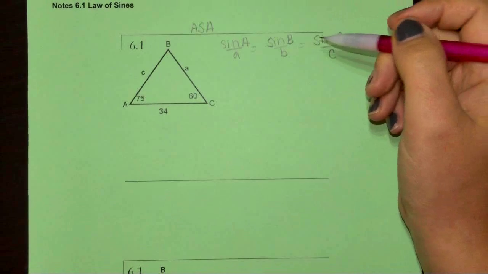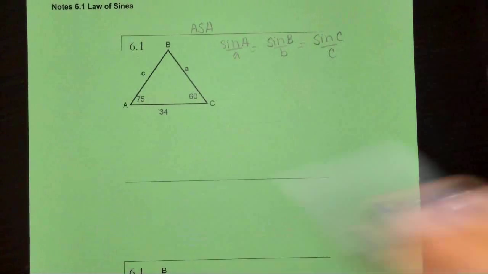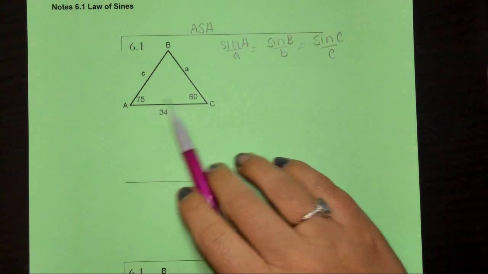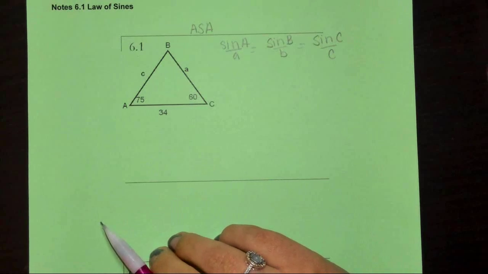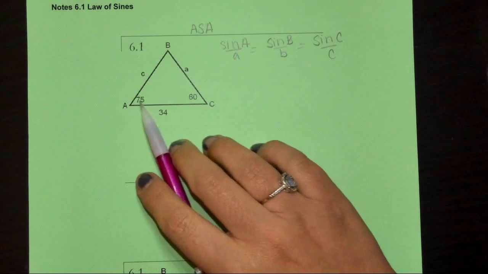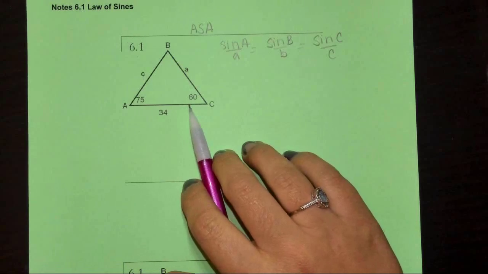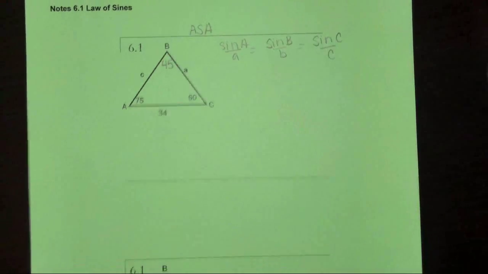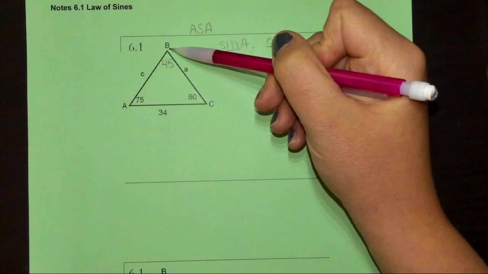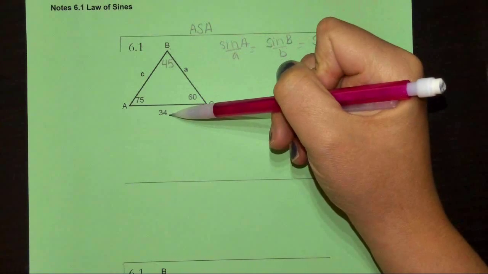And you actually do. So you have to remember the sum of the angles inside of a triangle has to add up to be 180 degrees. So if we add 75 and 60 together and subtract it from 180, you're going to get 45. So now I have an angle and the side pair.